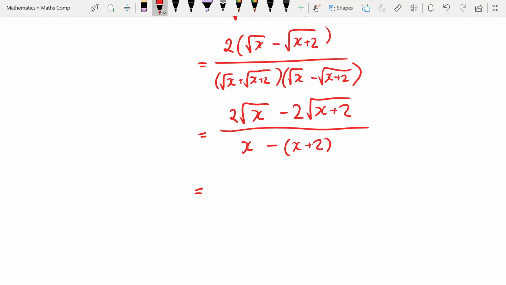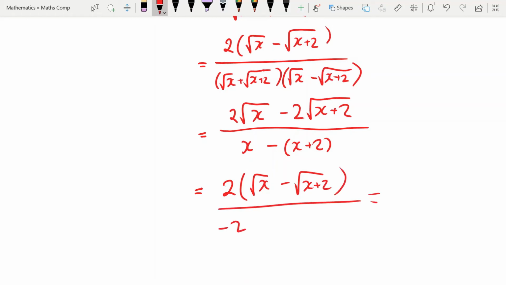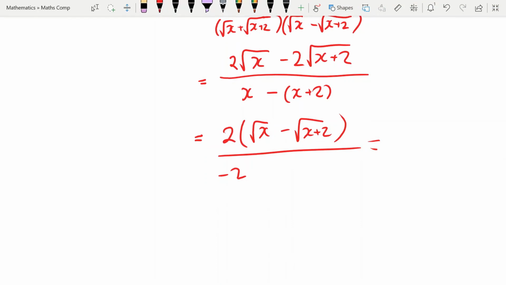So this will be 2 root x minus, I'm going to factorize that out again just to make it a bit simpler, root x minus root x plus 2, all divided by minus 2. This is just going to come down to be a minus 1 lots of this, which is going to be the same as root x plus 2 minus root x.